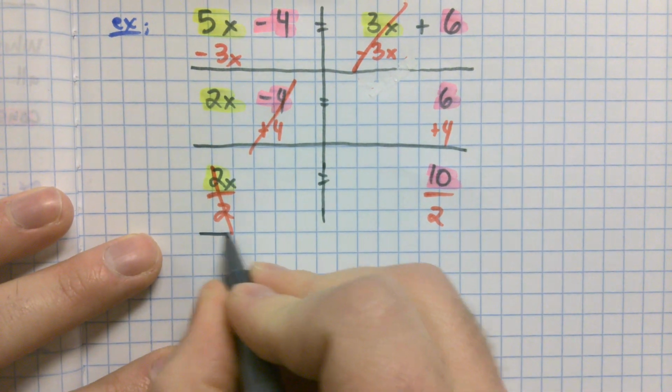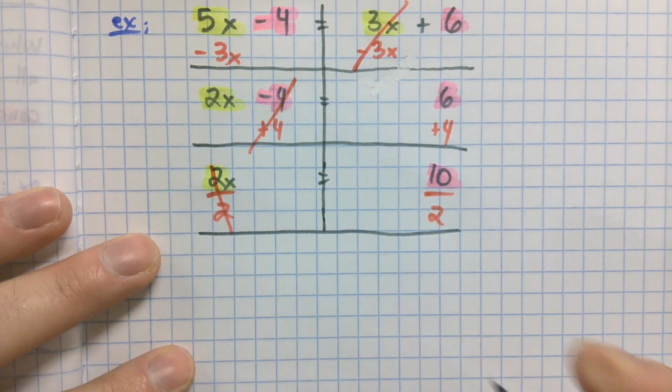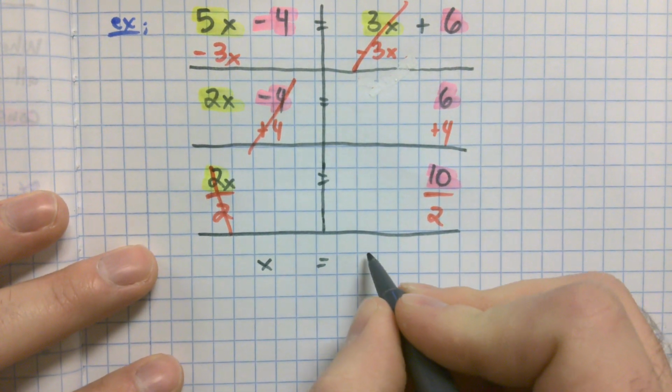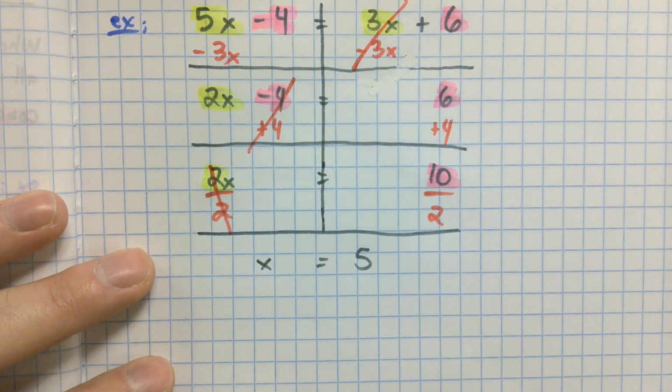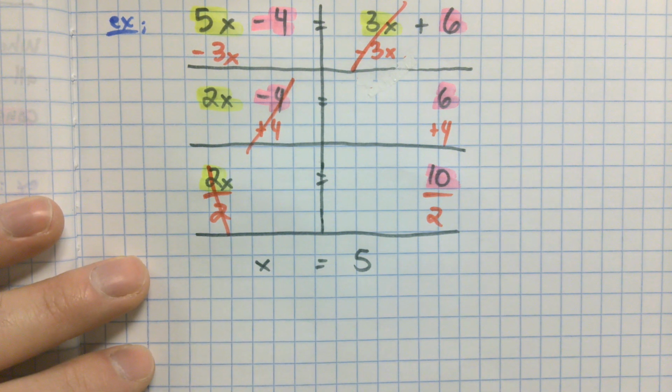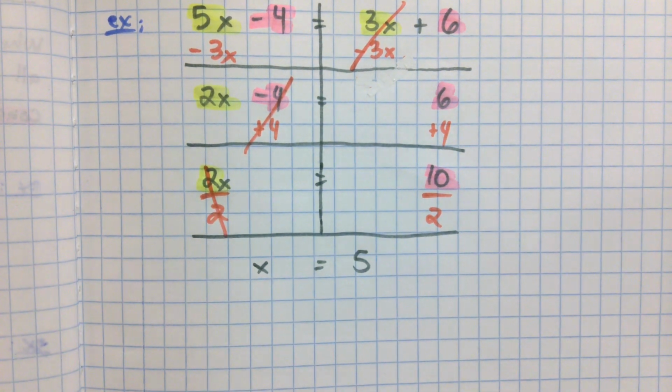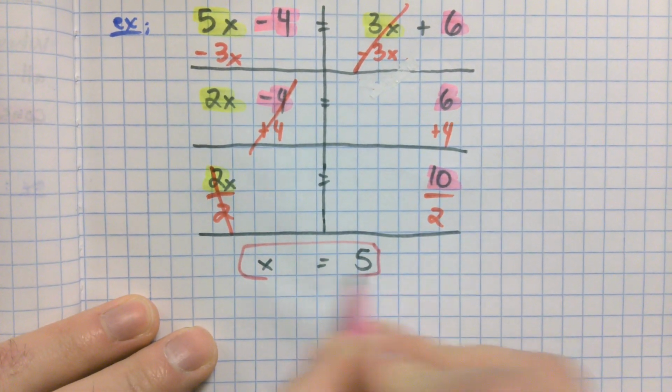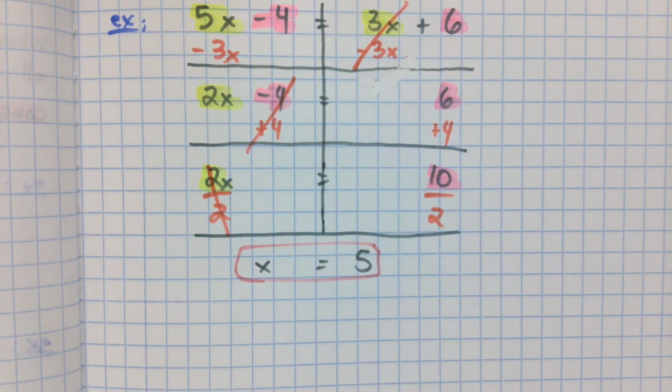These 2's go away, leaving me with x equals what? 5. Remember, we're dividing 10 divided by 2, not subtracting 10 minus 2. That gives me x is equal to 5.